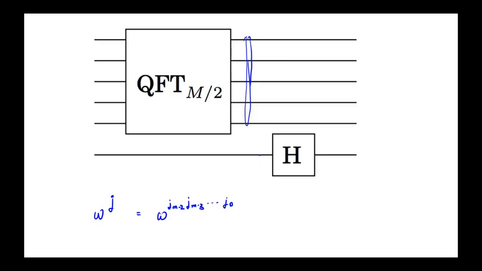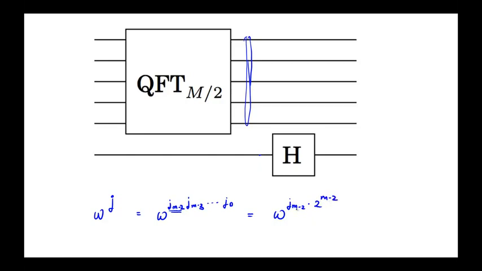Okay, so what is this? Well, this is exactly omega to the power of, this is the m minus 2th bit, so its place value is 2 to the m minus 2. So you want to apply omega to the j sub m minus 2 times 2 to the m minus 2.